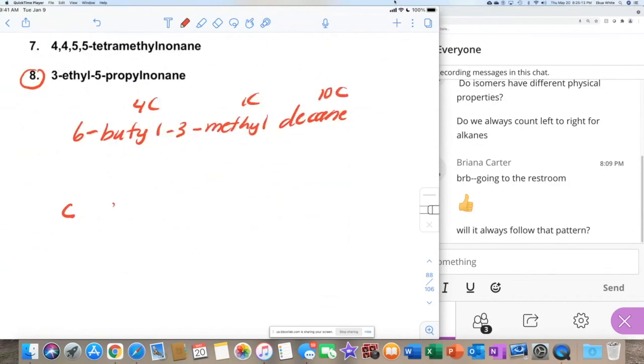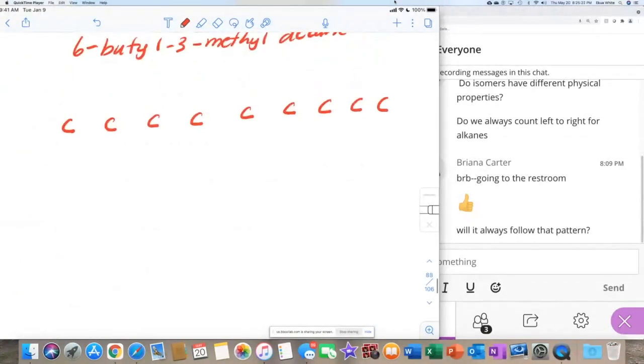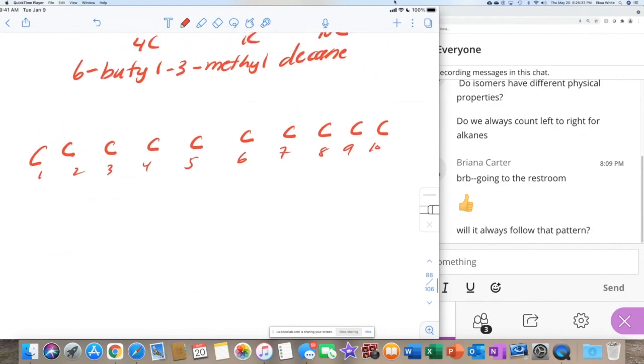Okay, 1, 2, 3, 4, 5, 6, 7, 8, 9. Oops. 10. I put the 10th one here. So 1, 2, 3, 4, 5, 6, 7, 8, 9, 10. I was too close to the right. Okay, so I have my carbons.